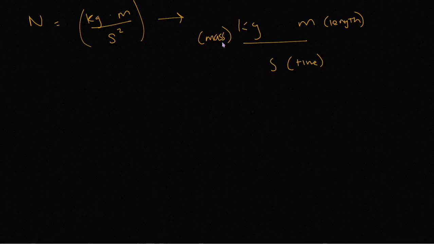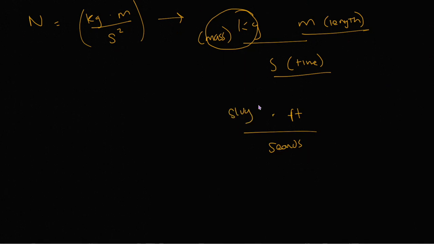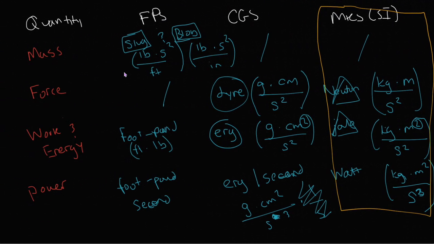One of the things that we're missing in the FPS system is the mass, because we don't have a unit for that. What we do have units for are length and time, so we can insert that right here. For length, it would be feet, and for time, it would be seconds. And then the derived unit we can say is slug, because slug is the derived unit we develop for mass in the FPS system.